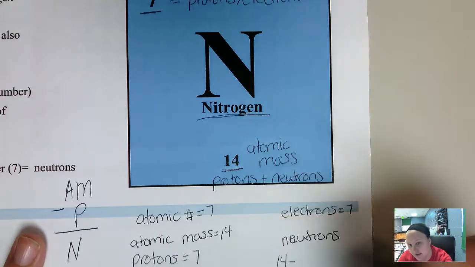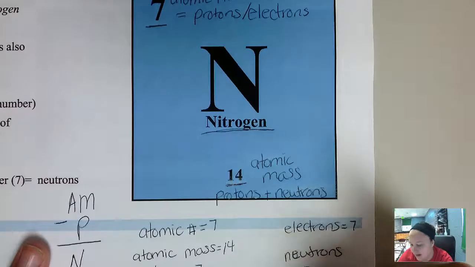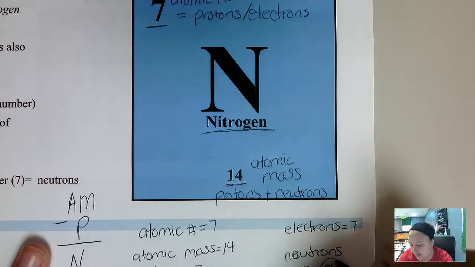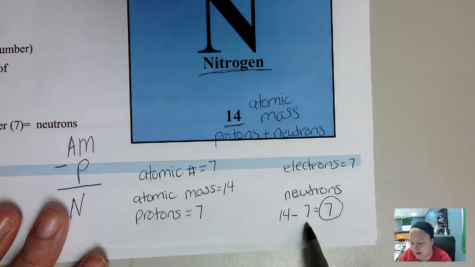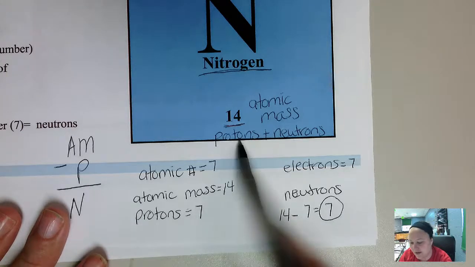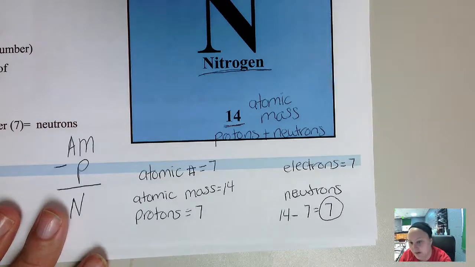We subtract the number of protons, which is 7, and that gives us 7 neutrons. So 14 mass, take away the number of protons, and that just leaves neutrons. So the number of neutrons is 7. Like we said before, it might not always equal the same amount as protons. Sometimes it's different, so it's okay. But for this one, it was equal to the amount of protons.